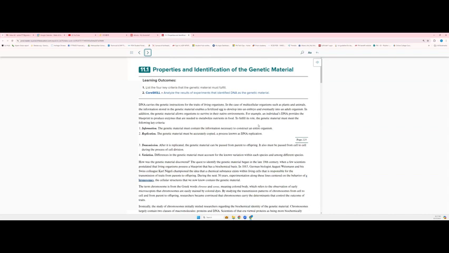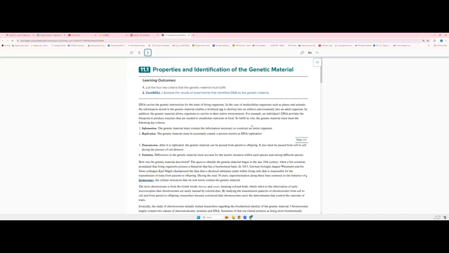So genetic material allows organisms to survive in their native environment. For example, an individual's DNA provides the blueprint to produce enzymes that are needed to metabolize nutrients in food.